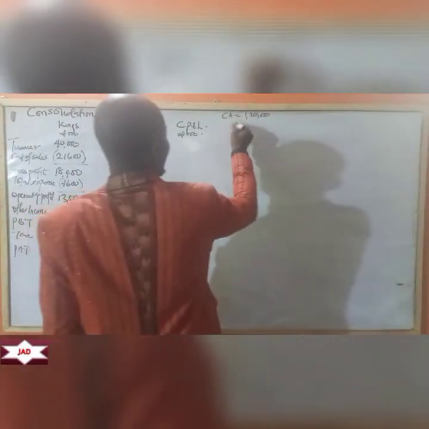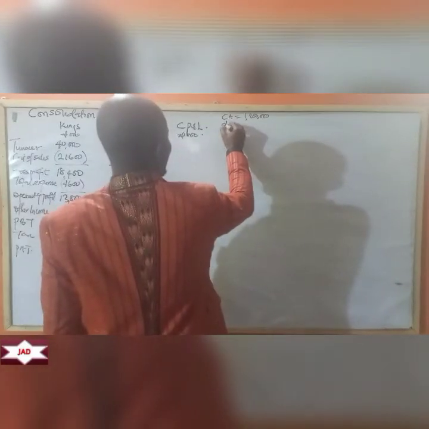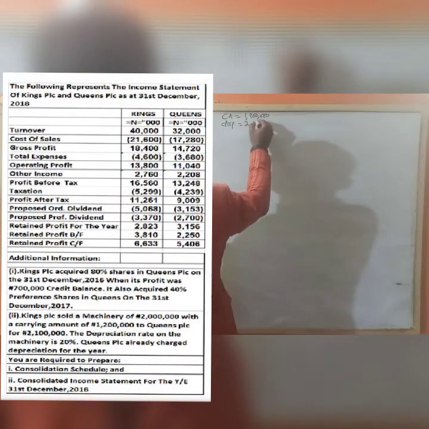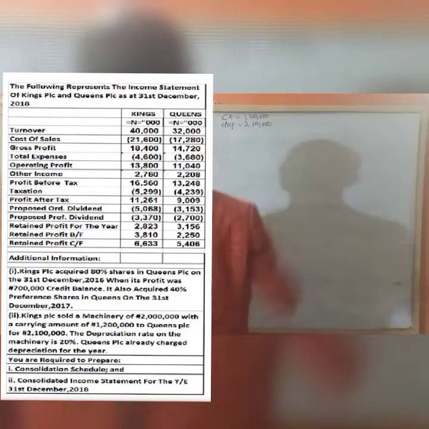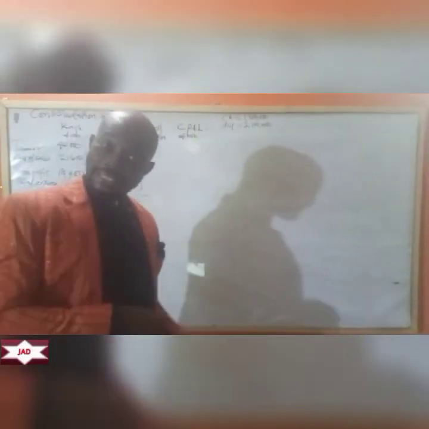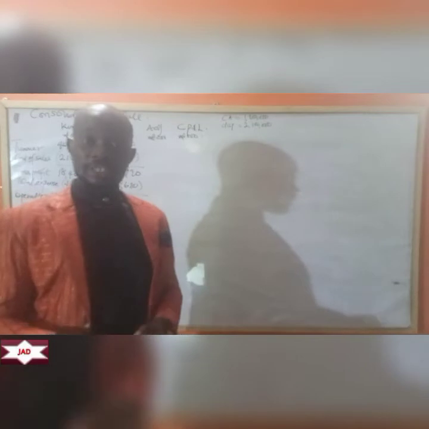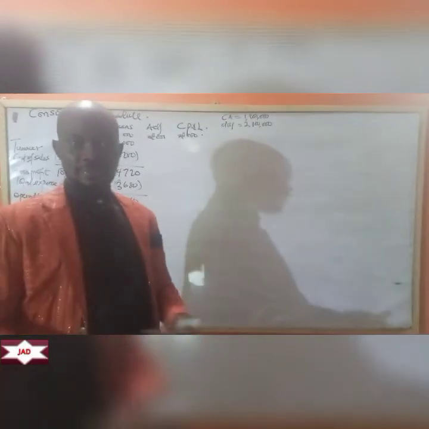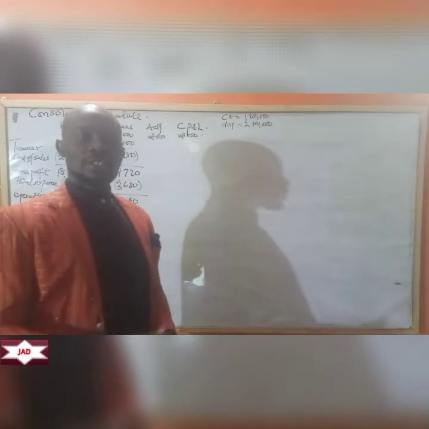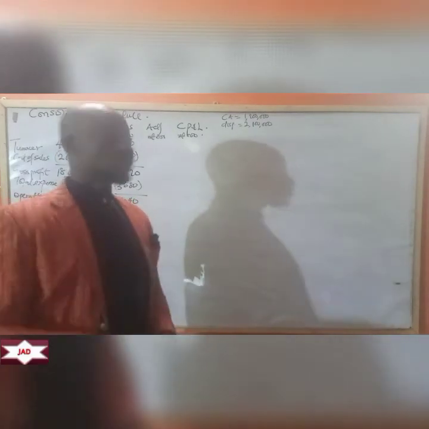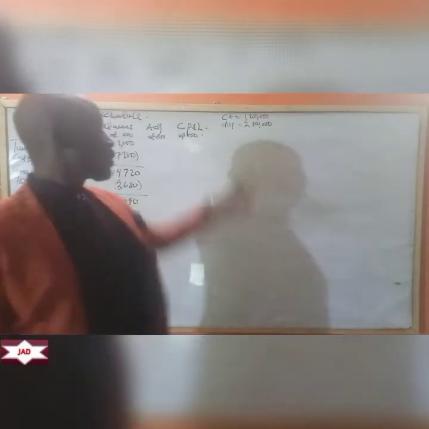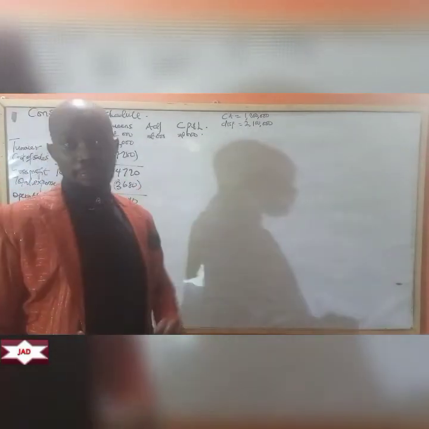So what is the disposal value? It's 2,100,000. So of course, the holding company, which is King's, bought the machinery for 2 million according to the question. They depreciated it, then when they sold it, the carrying amount, which is the net value, was 1.2 million. They now sold it to Queens for 2,100,000. So there's a profit here.